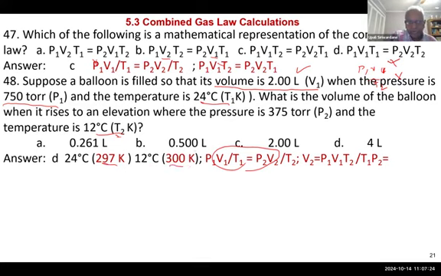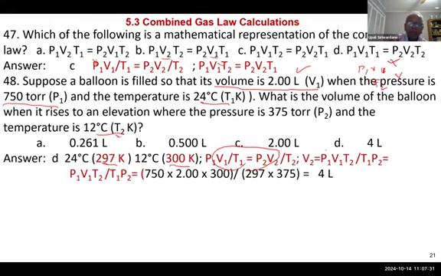Add 273 and plug in the temperature values, 300, 297. The rest came from P2 here.